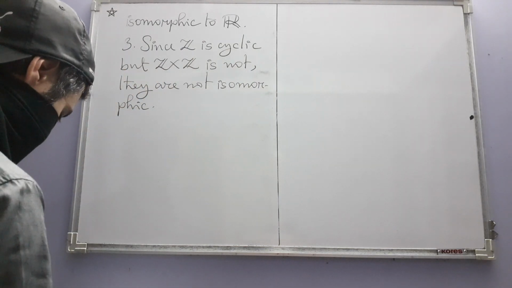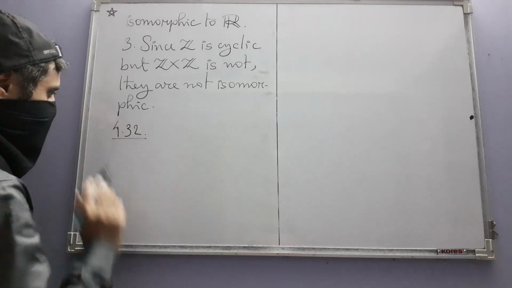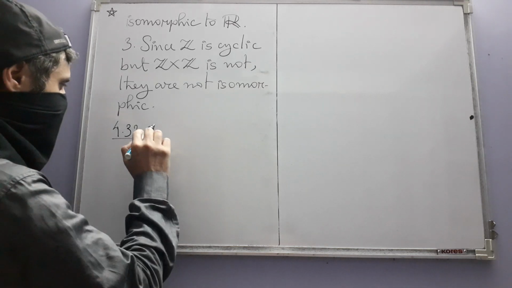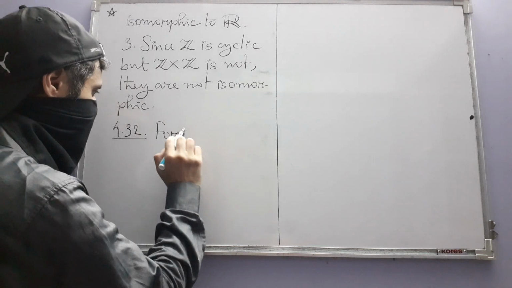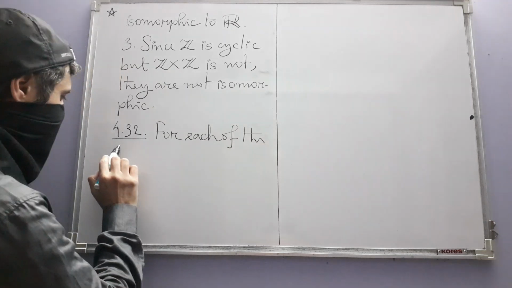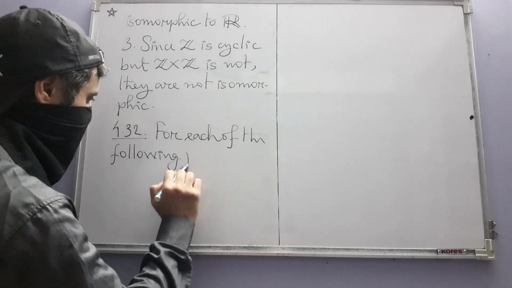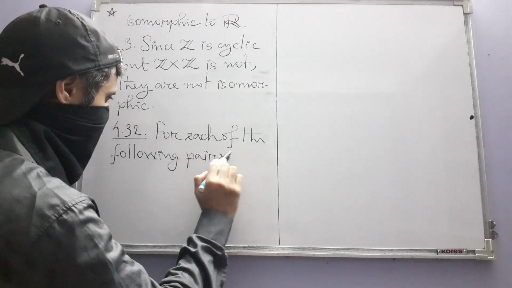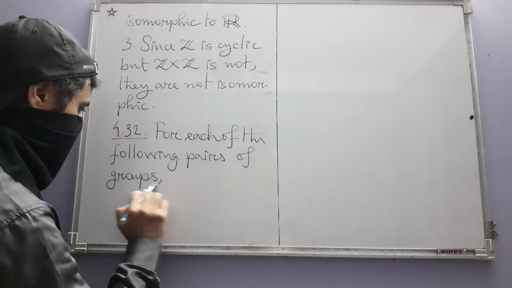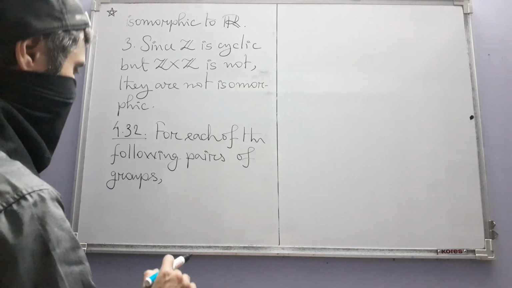So the second one is 32. Again, for each of the following pairs of groups, explain why they are or are not isomorphic.